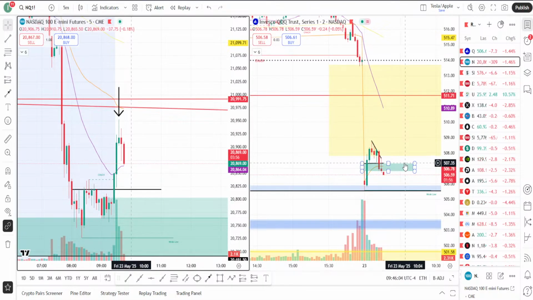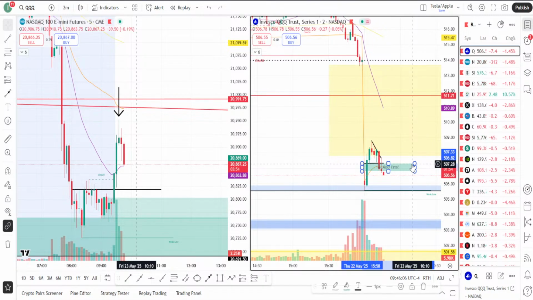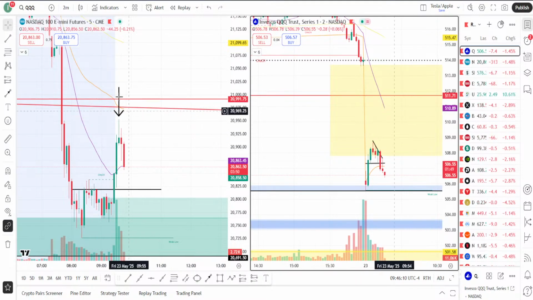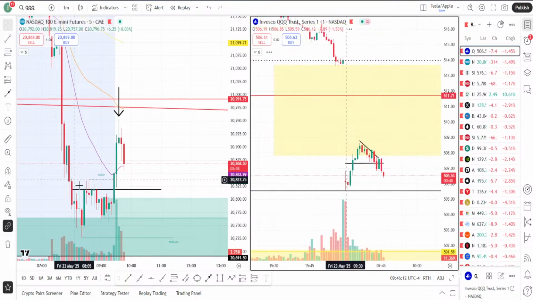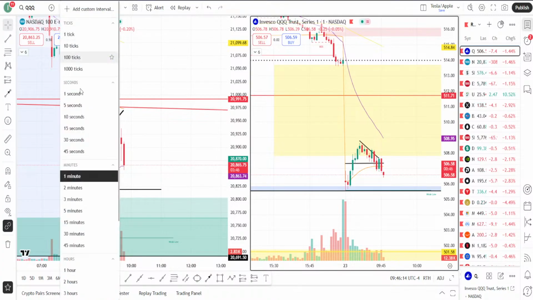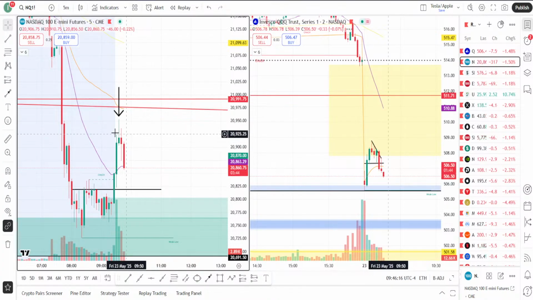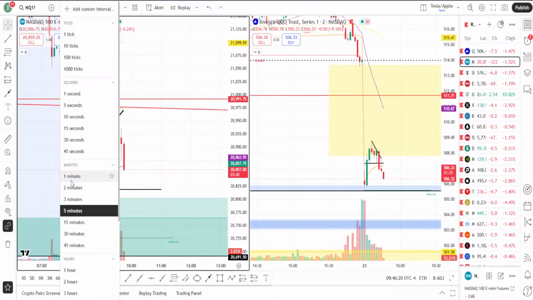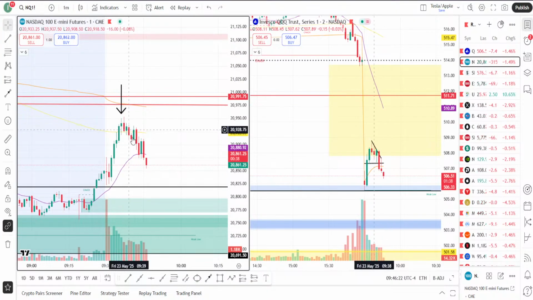All right. Oh, this thing did not hold. It was that double top here. That double top here on the NQ gave it away.